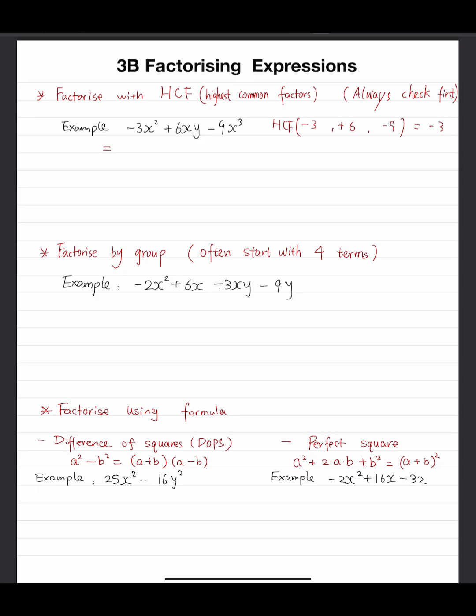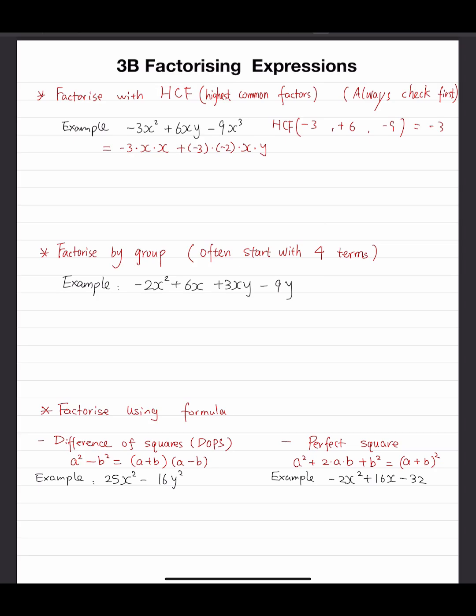So negative 3x squared, I can rewrite as negative 3 times x, plus 6xy, I can write as negative 3 times negative 2, because we know that these two multiplied will give us 6, times x times y.